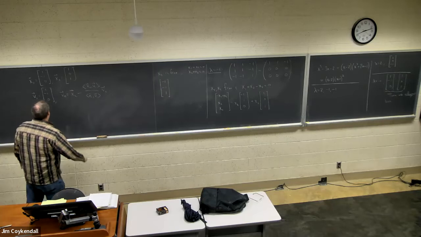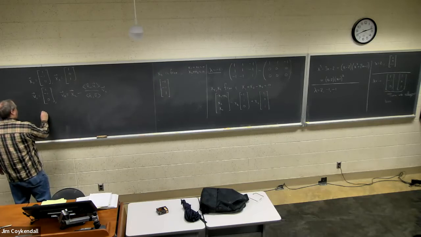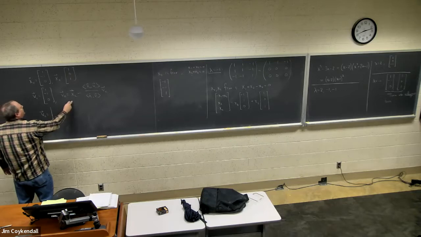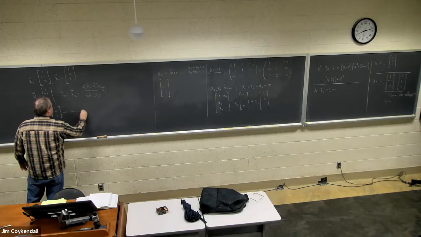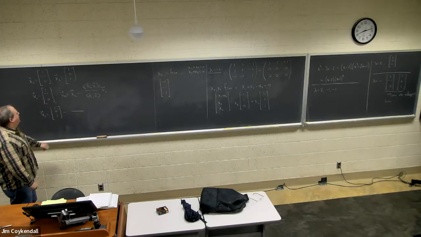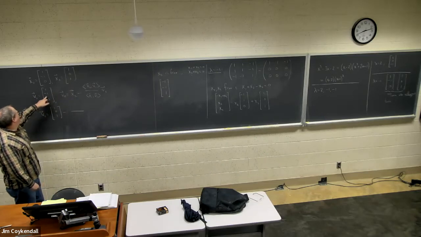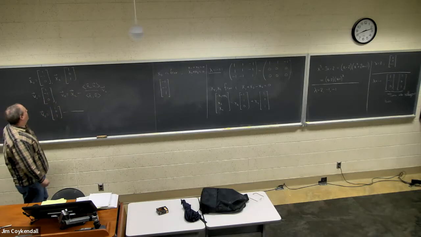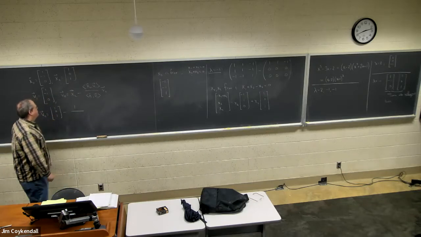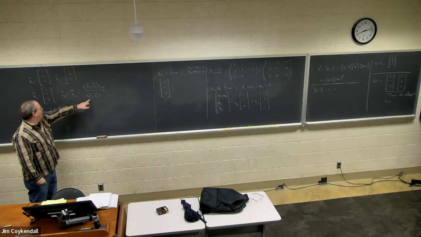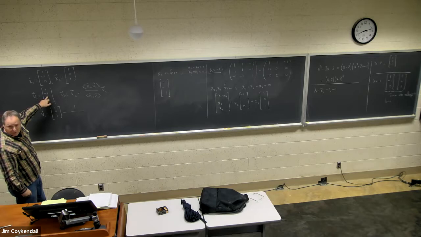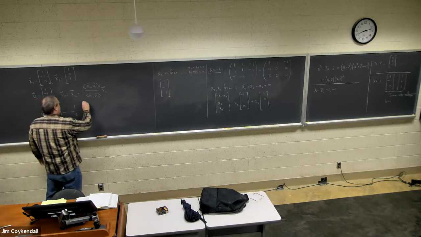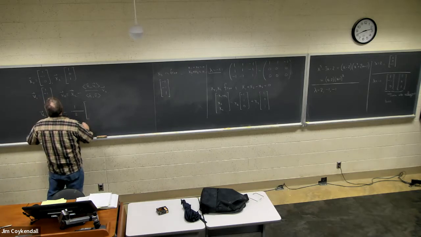So let's see what everything is. x2 is (1, 0, 1) minus... I need the inner product of x2 and b1. Well, it's just 1, isn't it? I need the inner product of b1 with itself, and that's going to be 2. And then I need b1.